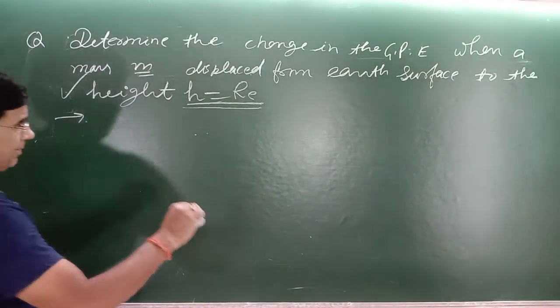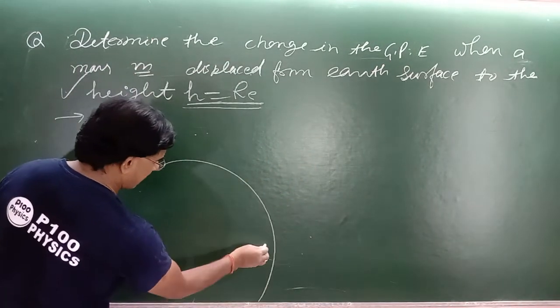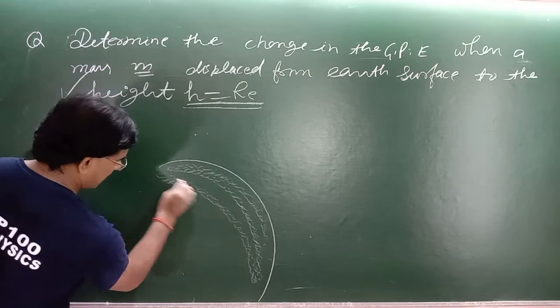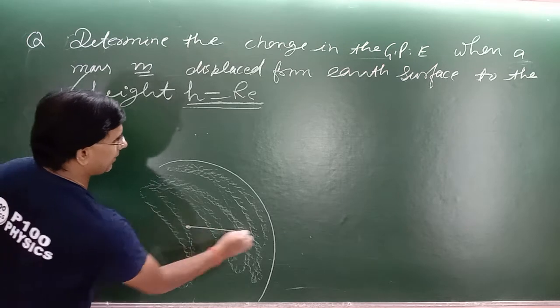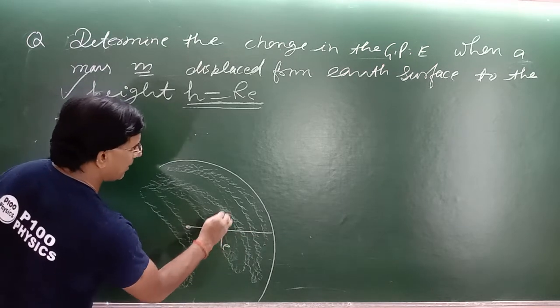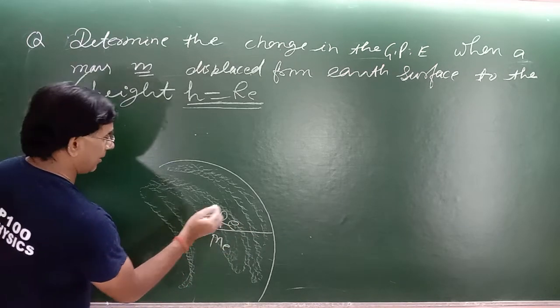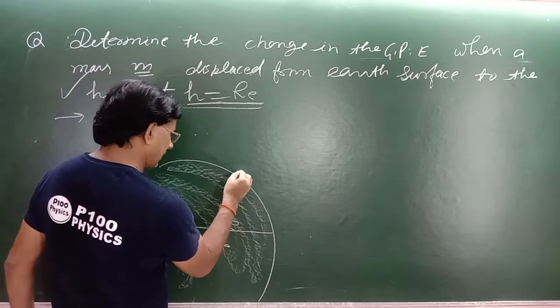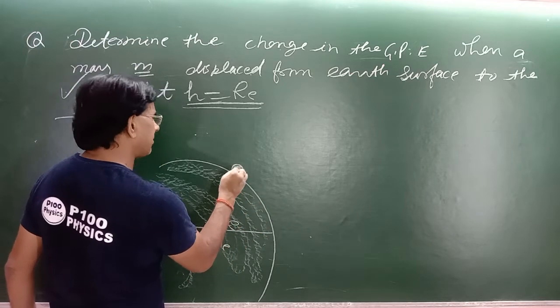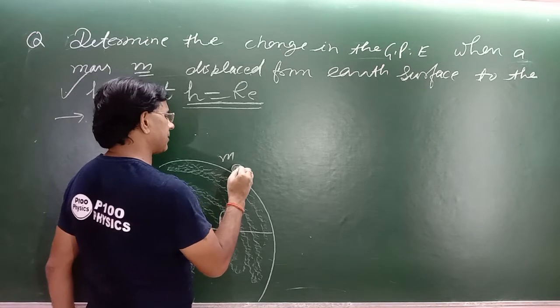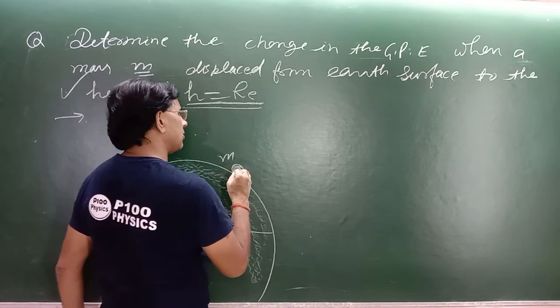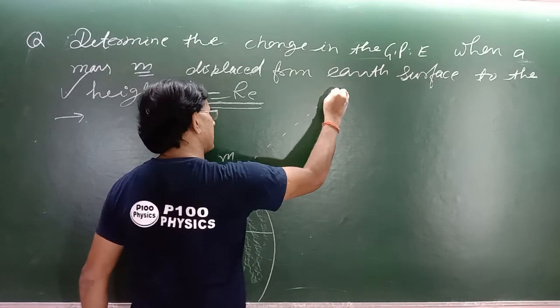Here, let us consider this is the surface of Earth. This is the center. Mass is ME, radius is RE. Another mass M is here, and it is displaced from this point to another point here.